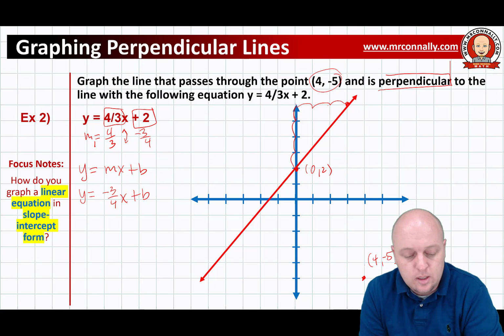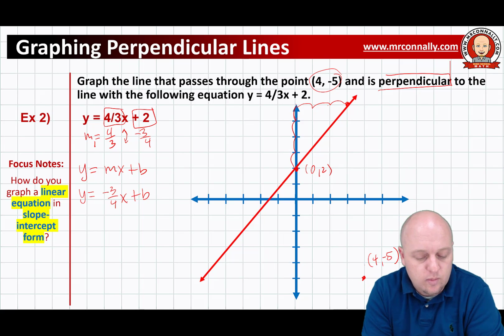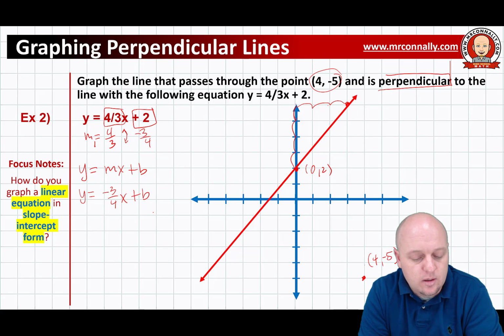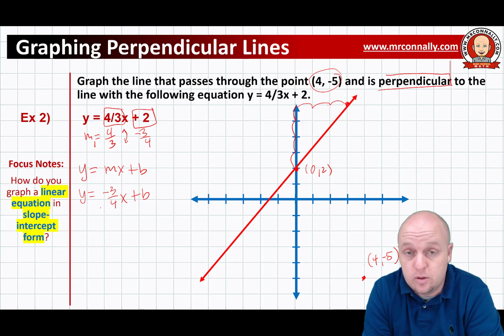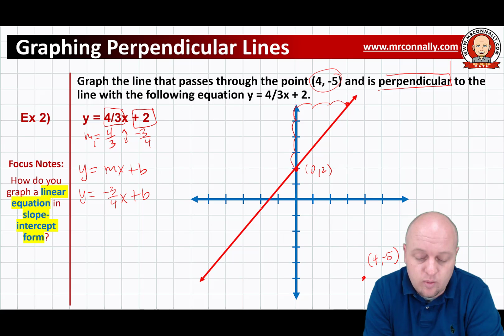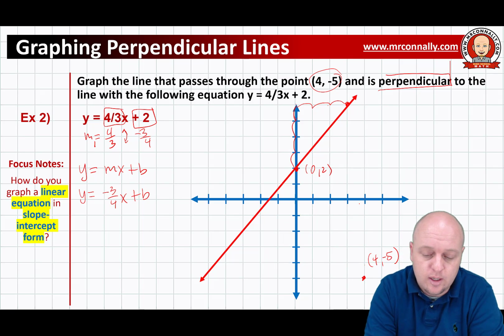Okay, now we've got a problem though. We don't know what b is, and we don't at the moment know x and y. We can't solve this with 3 variables. But do we really not know what x and y are? Let's think about this. We know that one of the values of the points would be 4, -5. That's an x and that's a y.